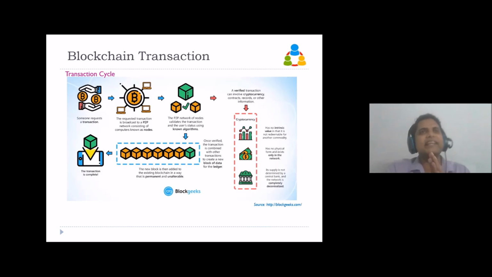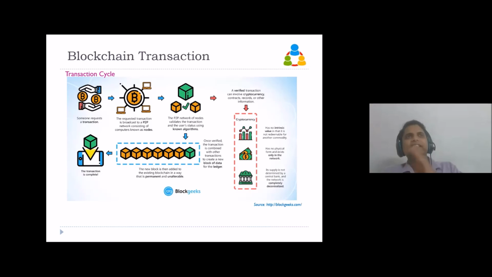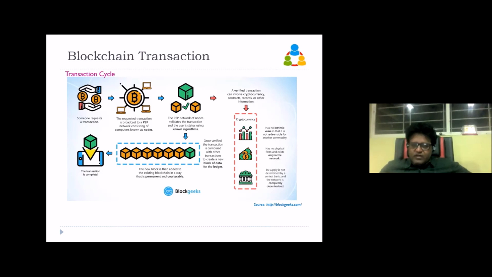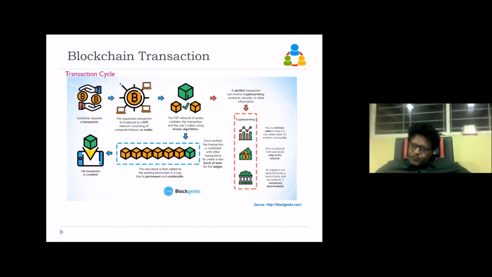When you say that I want to buy cryptocurrency, I want to buy Bitcoin, the first thing is you are approaching an agency. Let's say there is a cryptocurrency exchange. There are a lot of companies in India itself, like WazirX or Bitrex or ZebPay. Those are all the cryptocurrency exchanges and companies which help you to buy and sell Bitcoins.